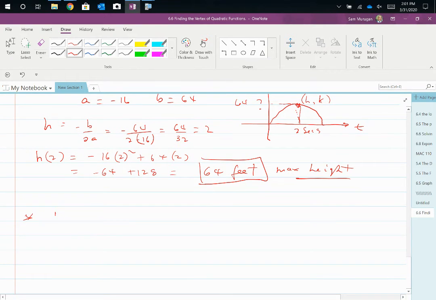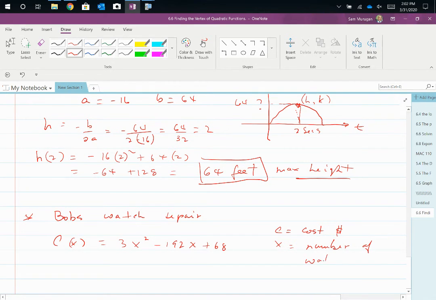This is a question on Bob's watch repair. His cost is given by the function 3x squared minus 192x plus 68, where C is the cost in dollars and x is the number of watches repaired.